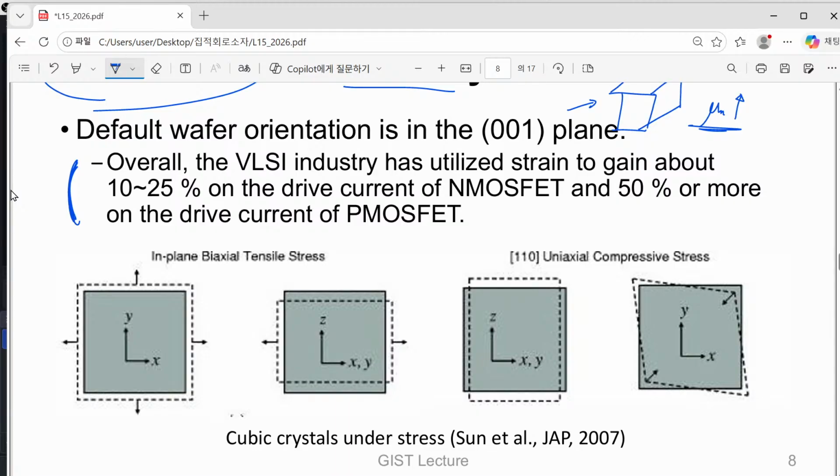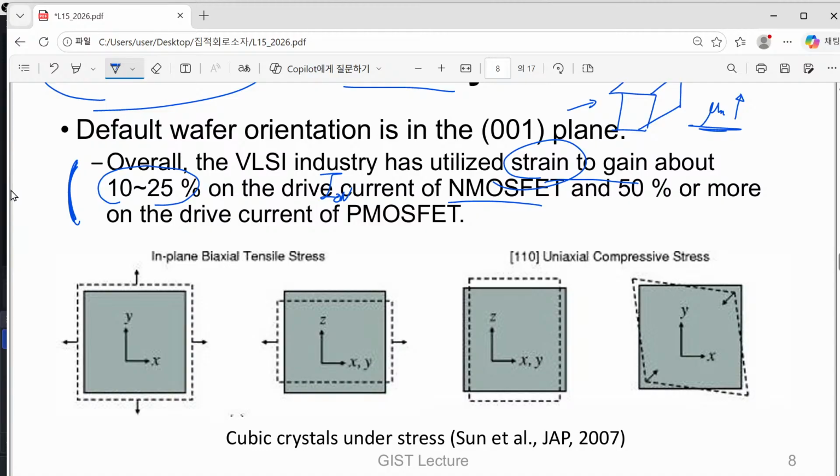Overall, nowadays, the VLSI industry has utilized strain. Strain means the change of our atomic position due to stress, to gain about 10 or 20% on the ion current of NMOSFET. This is huge.